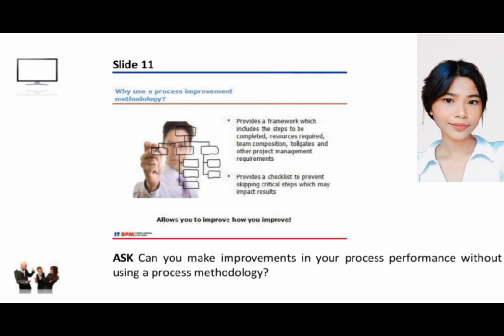It outlines the necessary steps, resources, team composition, and checkpoints. This structured approach ensures a systematic and organized improvement process. The checklist prevents skipping critical steps that could negatively affect the final result. This reduces the risk of overlooking important details and ensures a more comprehensive and effective improvement process.